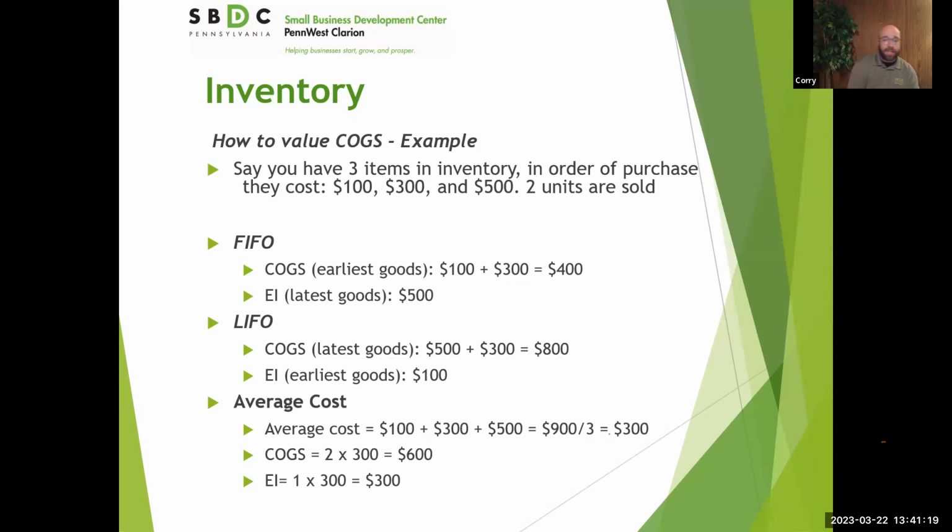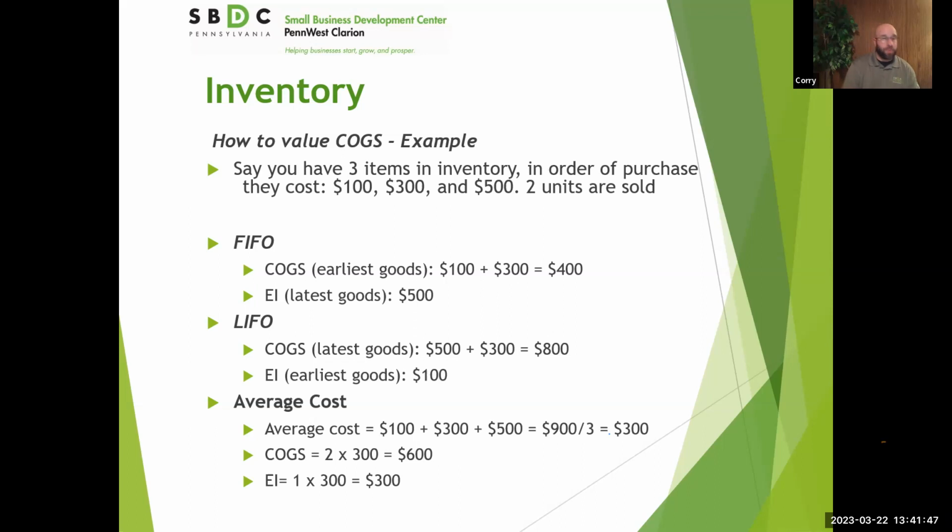So in this case here, you add those three items together, comes to $900, divide it by 3. The average cost is $300. Therefore, your cost of goods sold is going to be those two items that we sold in the example above, times the average cost of $300. That's what gets expensed on your tax return, but on your P&L, on your profit and loss statement or on your income statement, a total of $600.